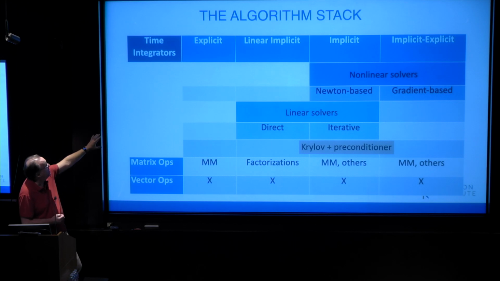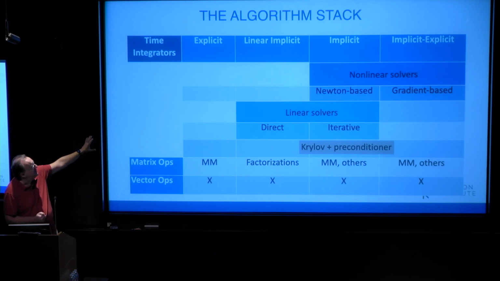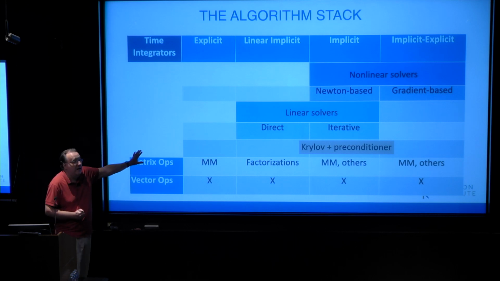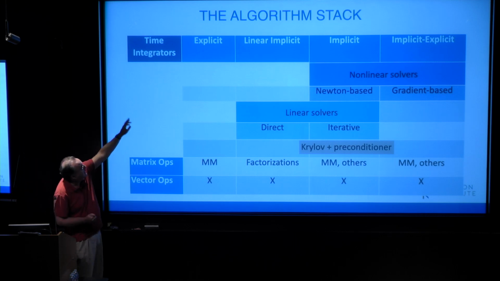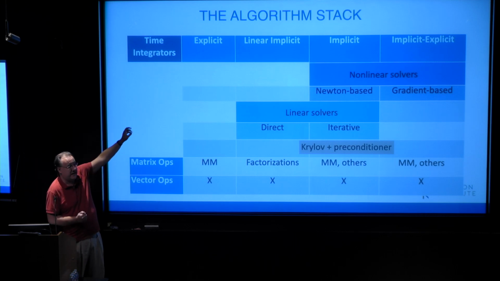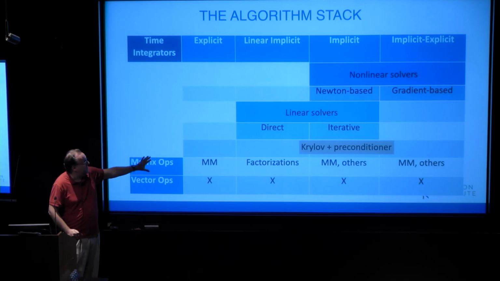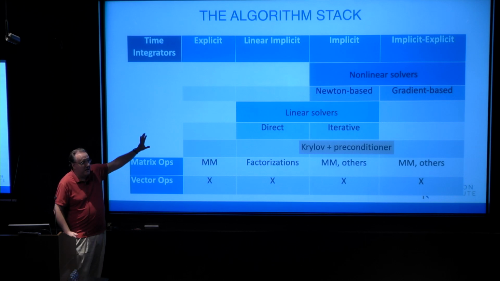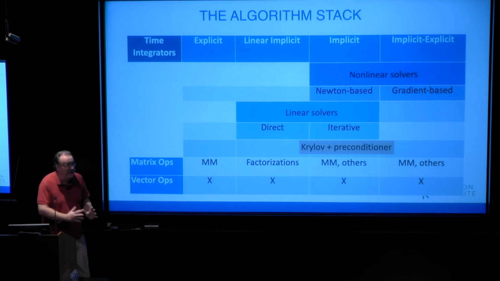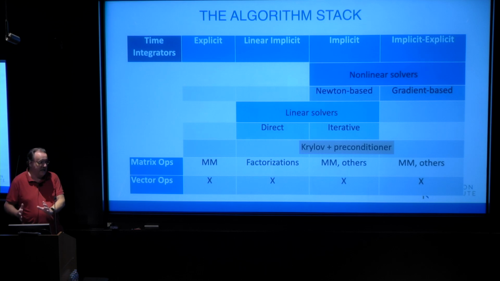And the reason I'm putting this up is that 25 years ago, I didn't put up this slide. 25 years ago, the top said the software stack instead of the algorithm stack. But I've realized that the key is that all of these things are algorithms, and it's really an algorithm stack, and corresponding with that is a software stack.